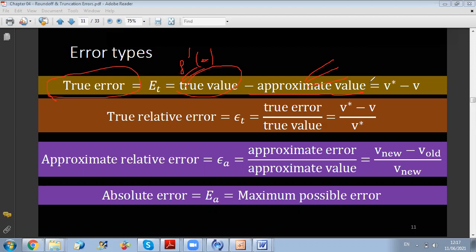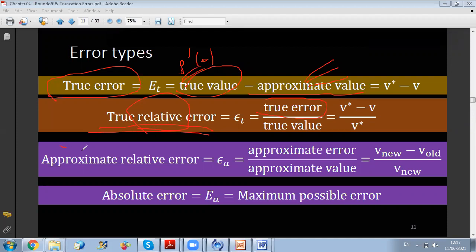Because if the numbers you are working with are small, of the order of 10 to the minus 3, then an error of 10 to the minus 4 is not acceptable. While if you have a true error of 10 to the minus 4 and the numbers you are working with are of order 10, then it's a good error. This is why, to decide if it's acceptable or not, the best way is to compute the relative error, which will give you a percentage of difference. All you have to do is divide the true error by the true value. We will do this now in this example.